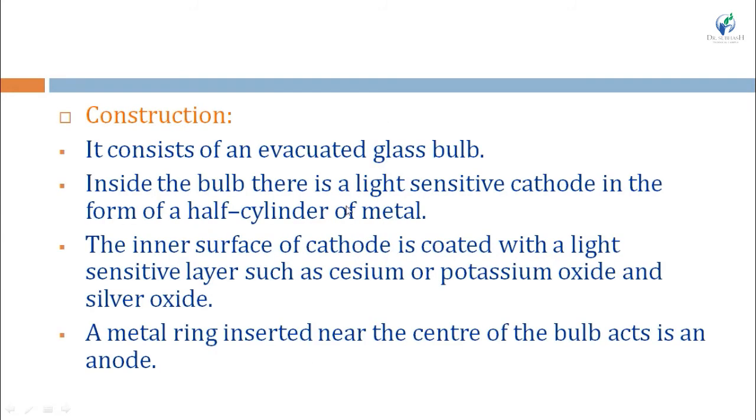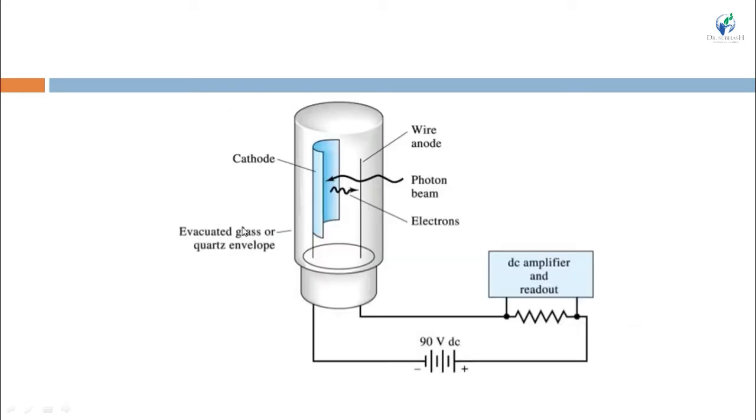The inner surface of the cathode is coated with a light sensitive material like calcium or potassium oxide or silver oxide.